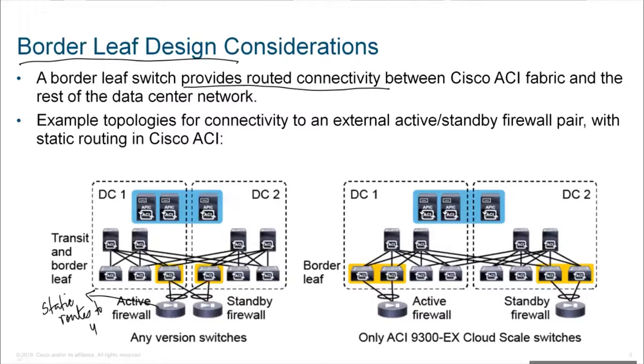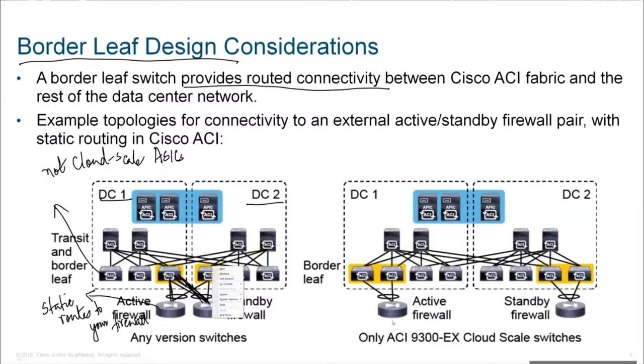So if these switches are not cloud scale ASICs, cloud scale would be your generation 3 onwards, so if they are generation 1 or generation 2, you would be restricted to configuring only the two static configurations, an active and a standby, like in this case, one in one data center and the other in the other data center. That's what you would be restricted to.